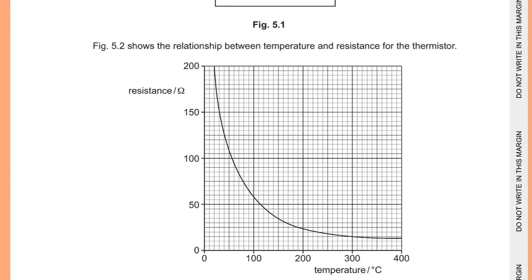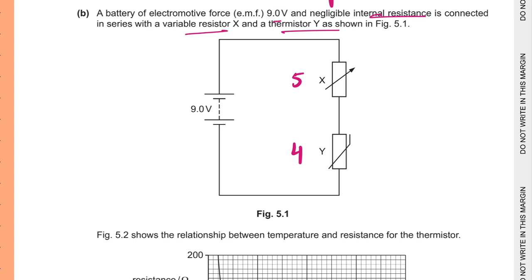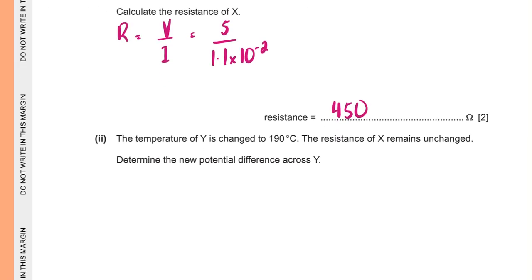So 190 is here on the graph. If I read this off, this means that the resistance of the thermistor is 25 ohms. So resistance of Y is 25 ohms from the graph.